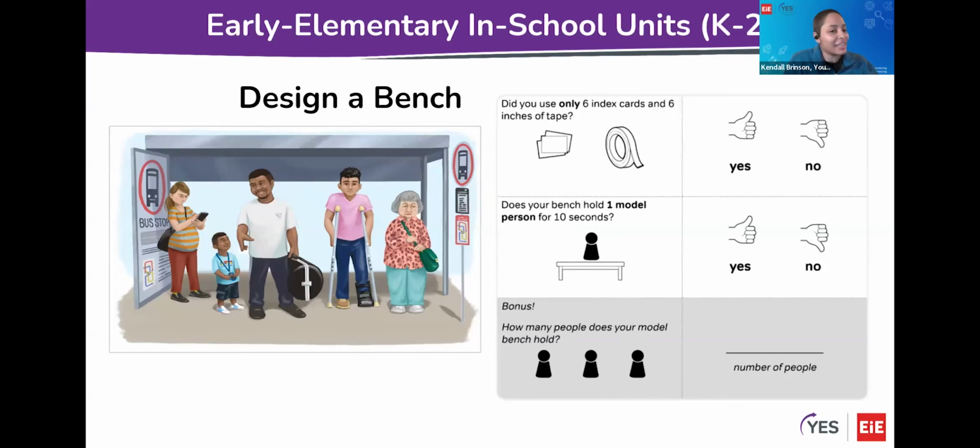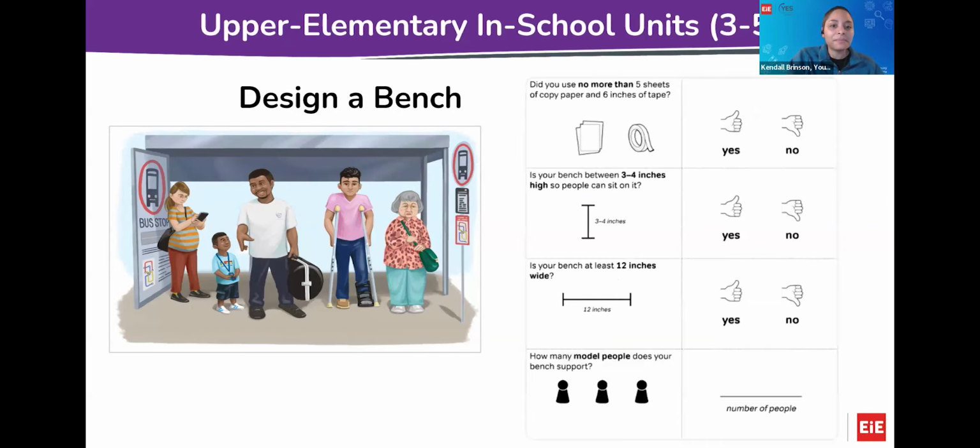They still have 6 inches of tape, but they no longer have to measure their bench. It just needs to support one person for 10 seconds, and then they get some bonus points if they can support more than one person. So some of this is scaffolded, so it makes more sense for a younger learner who might not have the skills yet to measure their bench, but could probably do the rest of the activity.